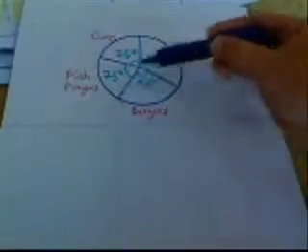In this case, we're looking at favourite foods, and we've got a slice of 120 degrees, which represents chips, 90 degrees, which represents burgers, 75 degrees that represents fish fingers, and 75 degrees that represents curry. Another very important bit of information we are given is that the total is 216 people have been surveyed.